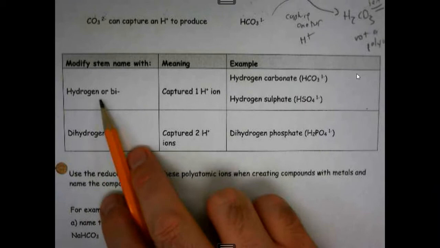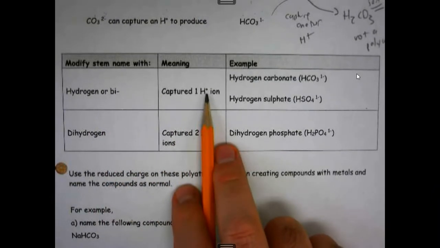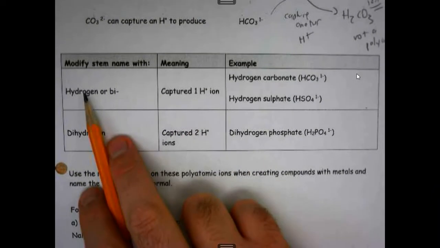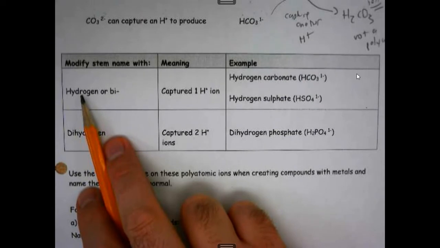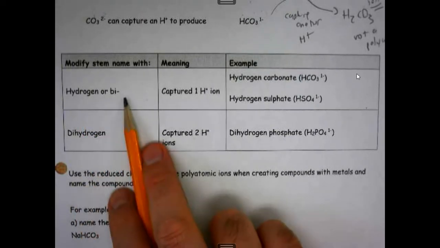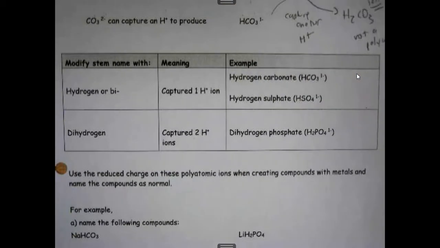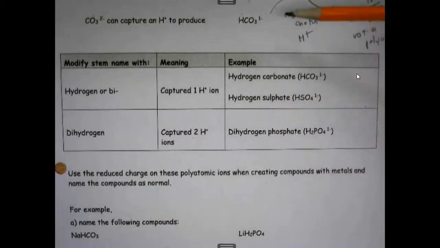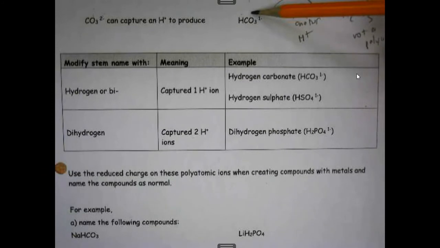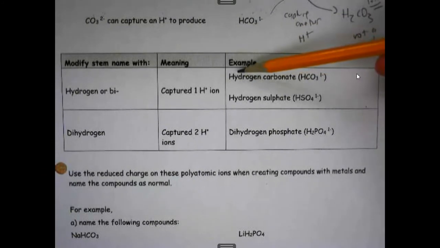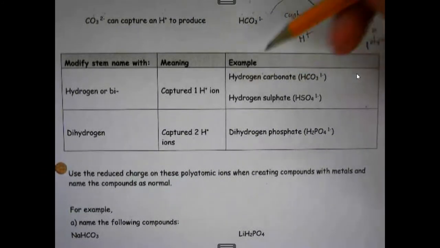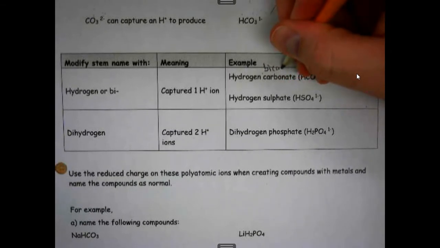Okay, if you have captured one hydrogen ion, you can change the name to be hydrogen or bi. So for instance, if I had carbonate, like we did at the top here, and I captured one hydrogen, it would still be carbonate, but now we call it hydrogen carbonate, or you could also call it bicarbonate.